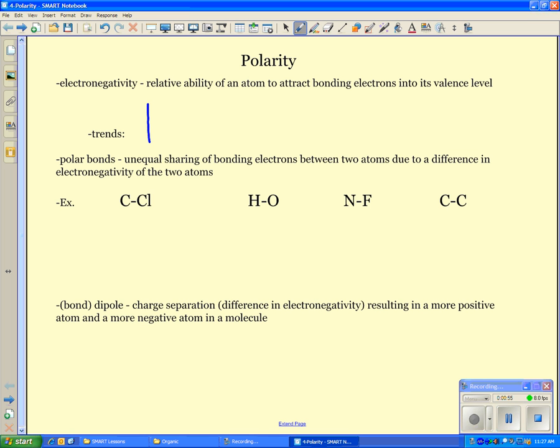So as we go up on the periodic table, overall there is an increase in the electronegativity value. If you look from side to side, from left to right, you should also notice that the electronegativity values increase as we go left to right.